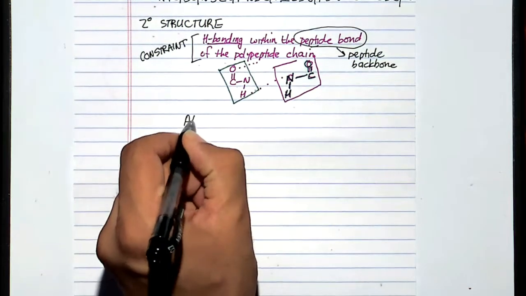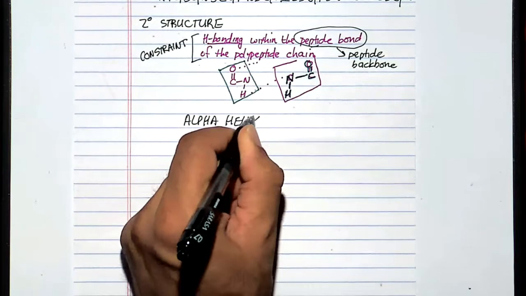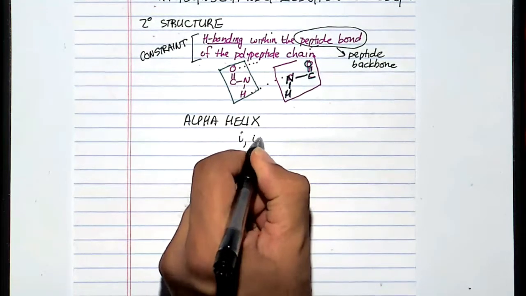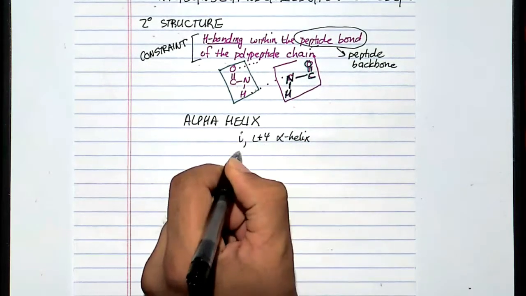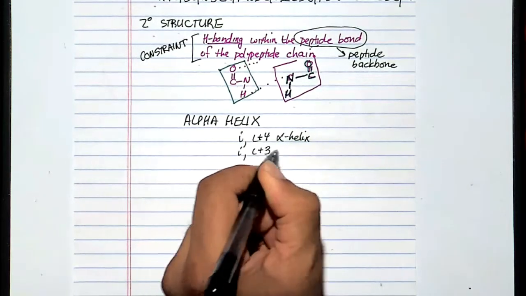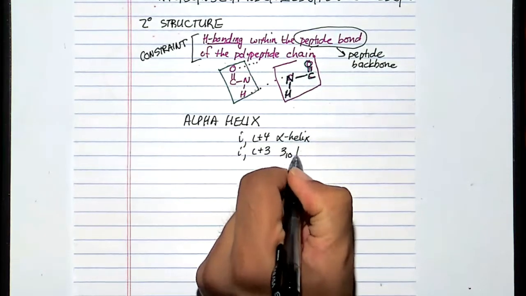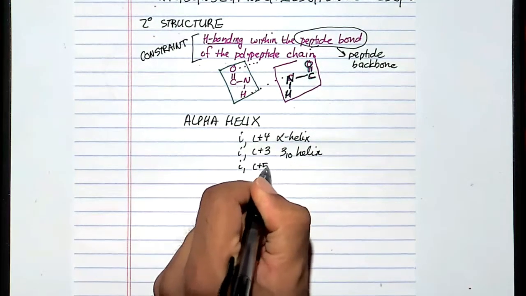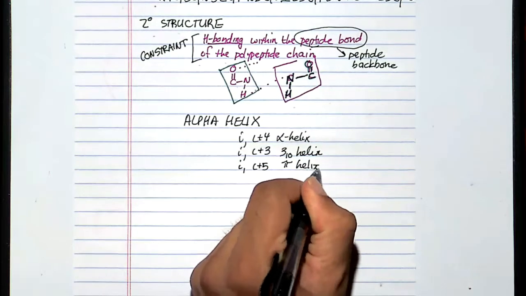We have the alpha helix, okay, and out of the alpha helix, we can have an I+4 alpha helix. We can have an I+3 helix, also known as the 3-10 helix. And then we can have an I+5 alpha helix, which is known as a pi helix.